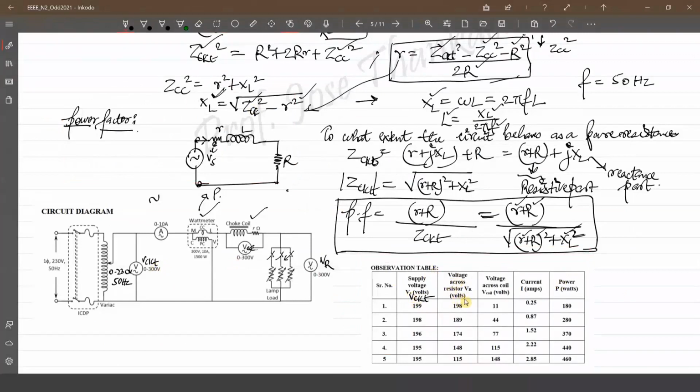This is the voltage across the resistor, VR, this voltmeter. This is the voltage across the coil, VCC, this voltmeter. And this is the current, that means this ammeter A. And this is the power, which is nothing but the wattmeter reading.